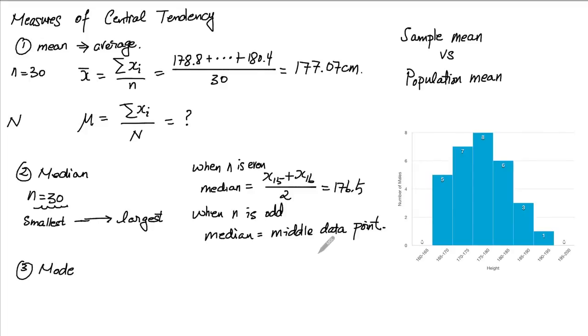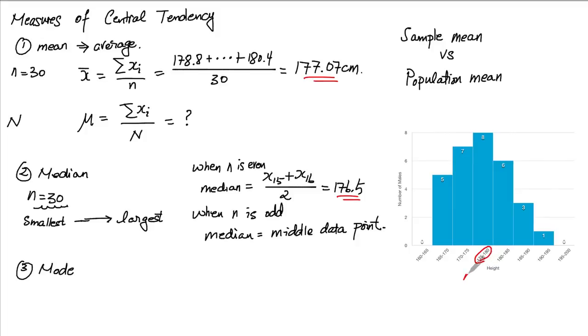So now that we have two numerical summaries, namely the mean, which was 177.07, and the median of 176.5, our initial feel was correct, that there's a clustering of heights in the neighborhood of 175 to 180.